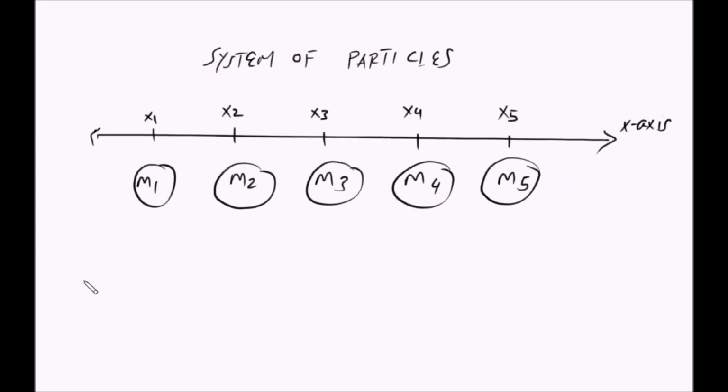So there is a position, we call it x bar. This position is called the center of mass. So this is what we want to discuss in this tutorial. So what now is the center of mass?